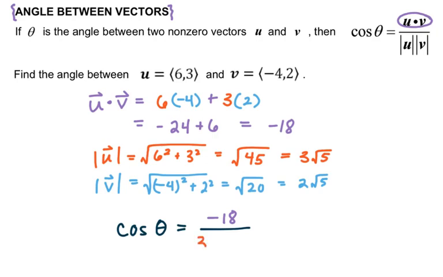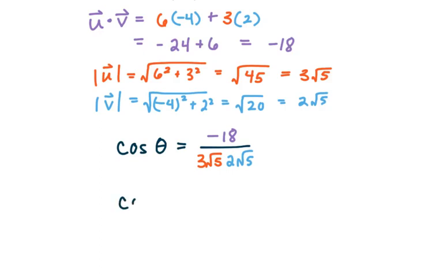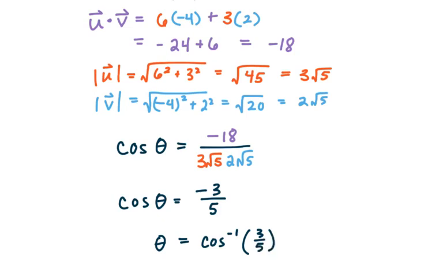So this gives me 3 root 5 times 2 root 5, or rather that the cosine of theta is -18 divided by 3 times 2, 6. -18 divided by 6 is -3 over root 5 times root 5 gives me 5. And theta equals cosine inverse of 3 over 5, which gives us roughly 53.13 degrees in degree mode.